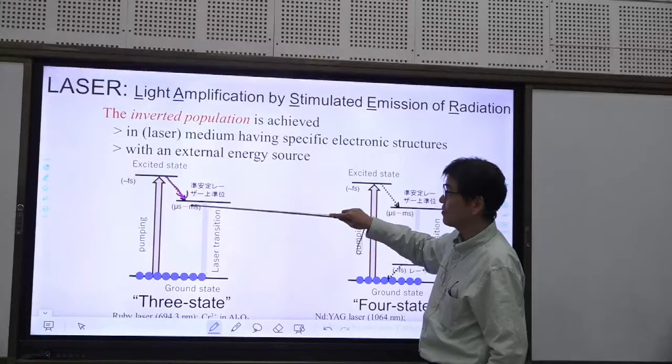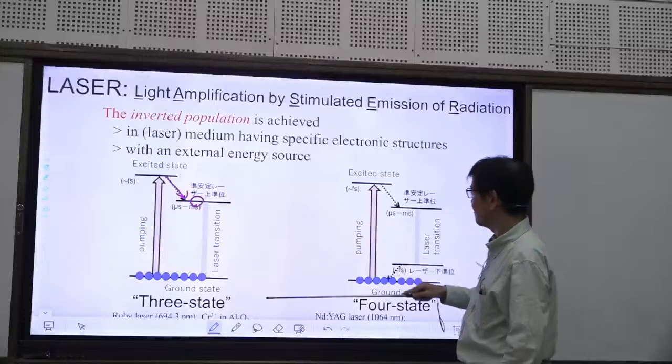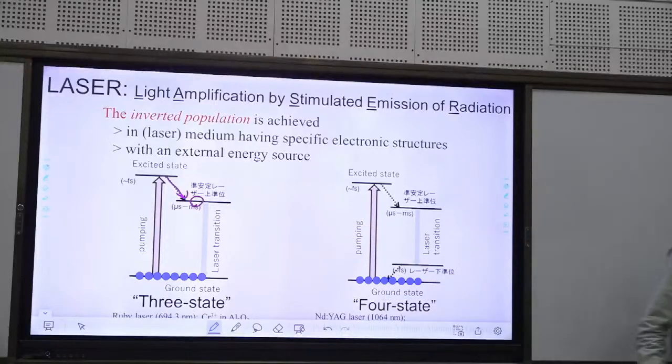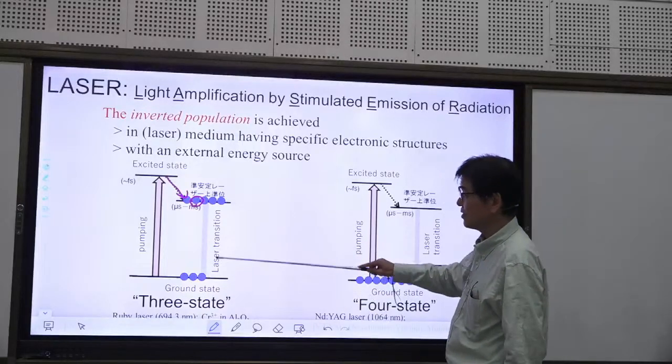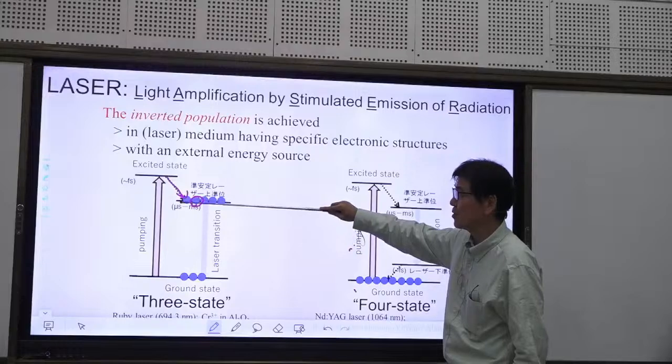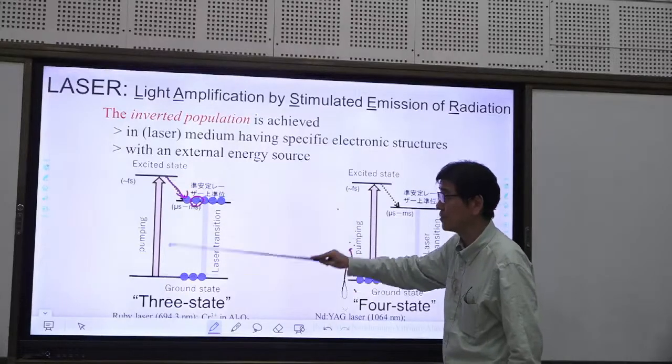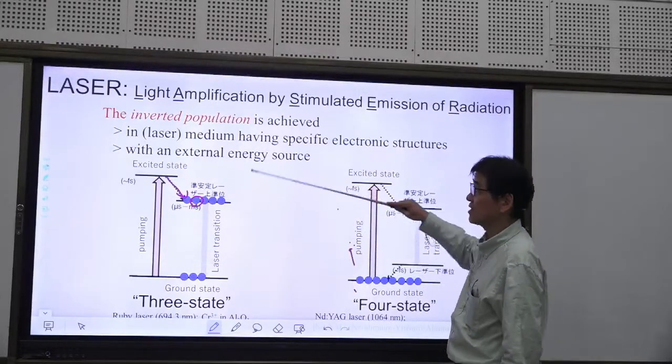Okay, so it stays here. It is pumped, then moved to the upper state. Then you see the upper state population is larger than the lower state due to the external energy source.